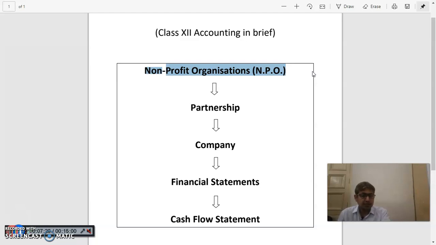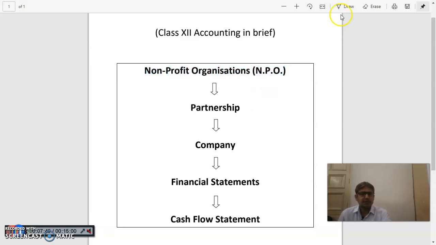But we cannot say that the only motive of any school is profit earning, because the motive of any school is basically to provide education. Obviously, on the other hand, it is also involved in earning money, but it is basically categorized under non-profit organizations, such kind of setups.